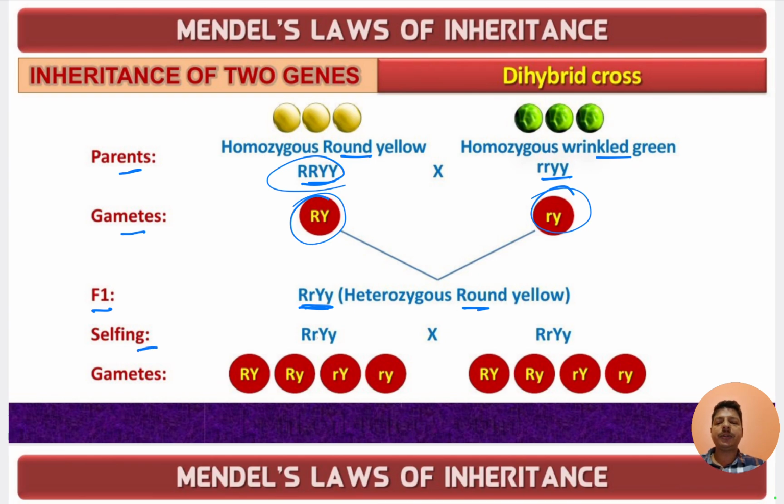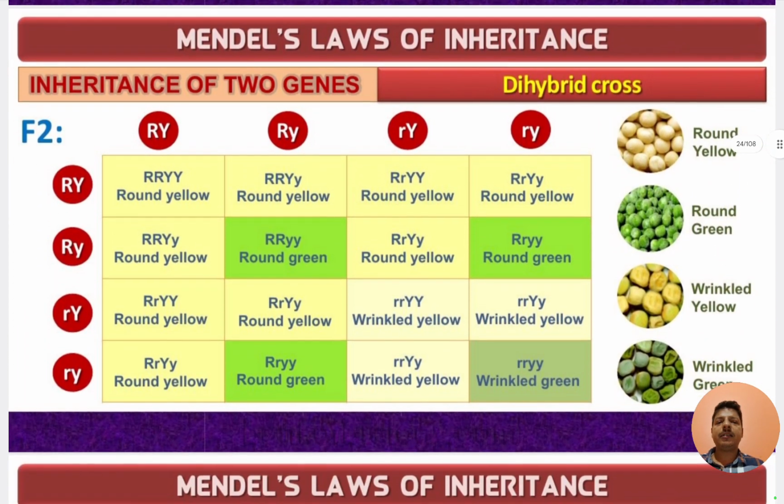By selfing these two, the gametes will be like this: capital R capital Y, capital R small y, small r capital Y, small r small y, and the same on this side. These are the gametes formed. Next, coming to the F2 generation, again we use the Punnett square, and you can see the results.